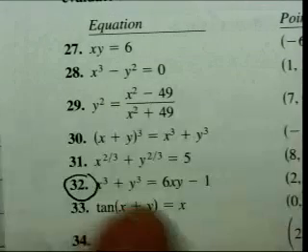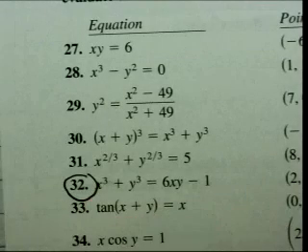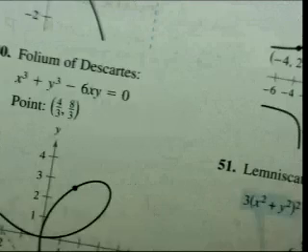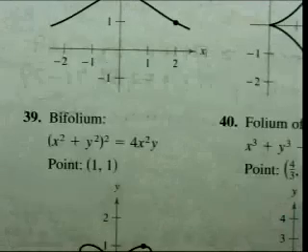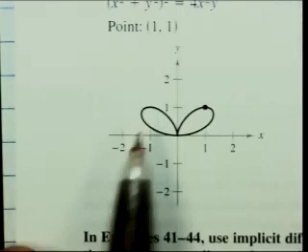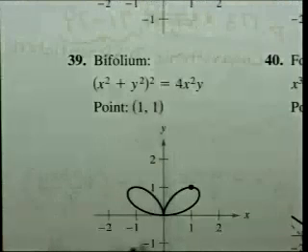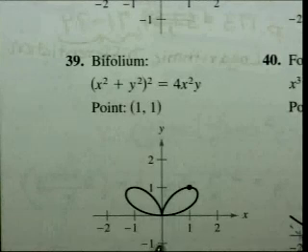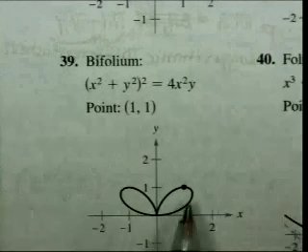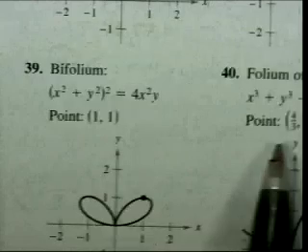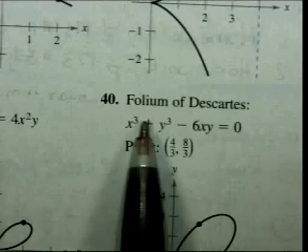Now, if we'd had another whole day, we'd look at the graph of some of these bizarre things. They have names. The graph of this equation is called a bifolium, or bunny ears, whichever makes you happiest, whichever one makes you sound smartest. This is called the folium of Descartes.